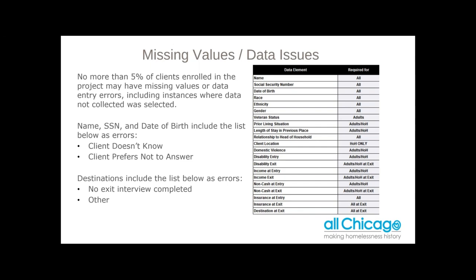If it's really true that you just don't know where the client went and there was no interaction with the client before they left, then no exit interview completed would be the accurate value. Although it pulls an error into the report, that's still valid for the client. So that's what you would choose. But again, destination is really dependent on what actually happened with the client.